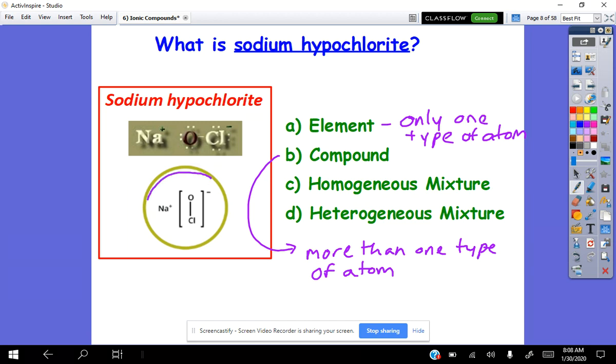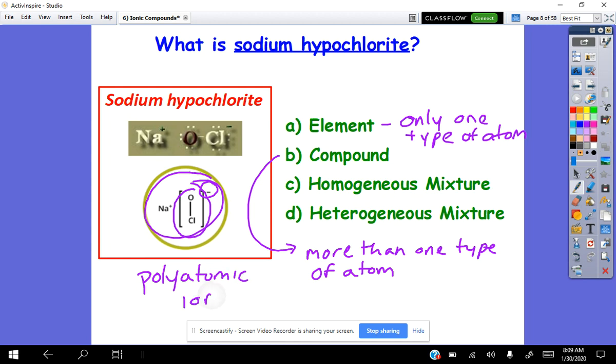If we look here, I see three different elements: sodium, oxygen, and chlorine. But the way the oxygen and chlorine are represented is interesting. They've got this line in between, meaning they are bonded together, and on the outside they also have this charge. What this refers to is something called a polyatomic ion.